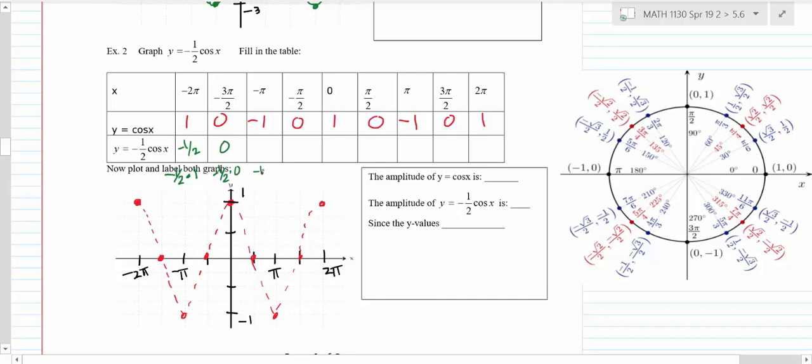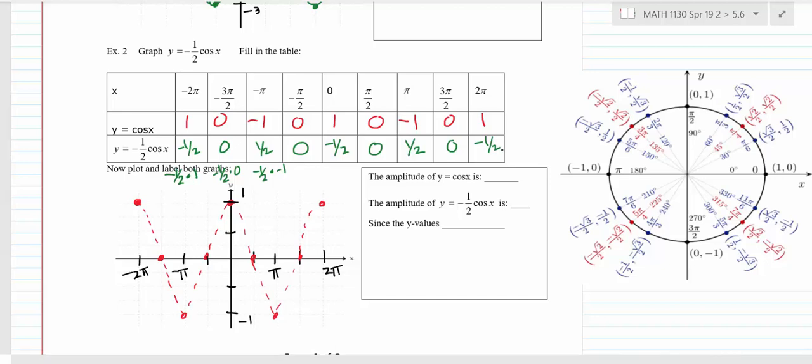Then -1/2 times -1 is a half. So the 1's go to a half and the signs change, and the zeros stay the same. The 1 goes to negative 1/2, 0 stays the same, negative 1 goes to positive 1/2, and so forth. All of that was arithmetic. I multiplied every y value by negative 1/2.